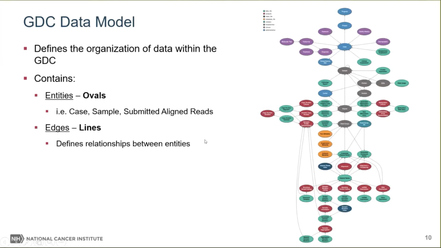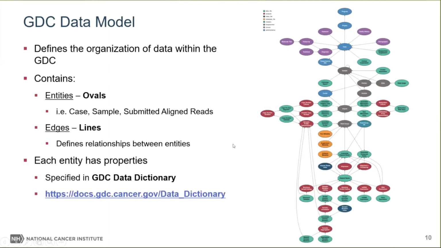So these ovals represent each of the different types of data that can be submitted. A case would be one of these entities. A sample, which would be associated with the case, would be one of these entities. And the lines, which are the edges, let you know which of these entity types can be associated with which. So for example, downstream of a sample, you can associate a portion, or you can attach an aliquot directly to the sample.